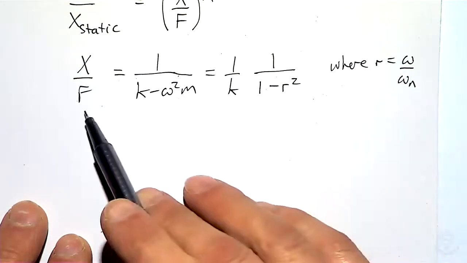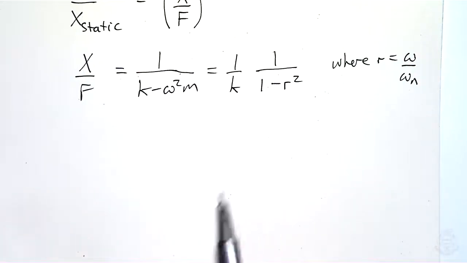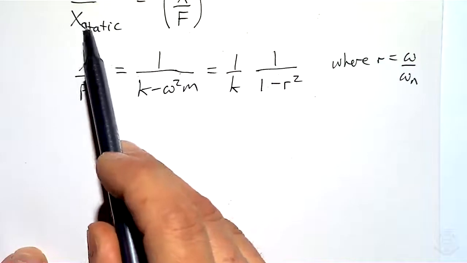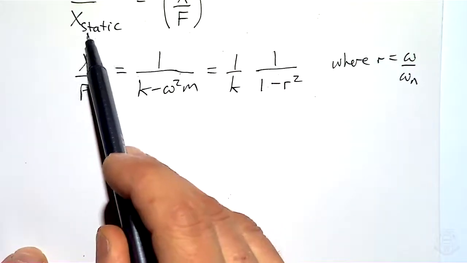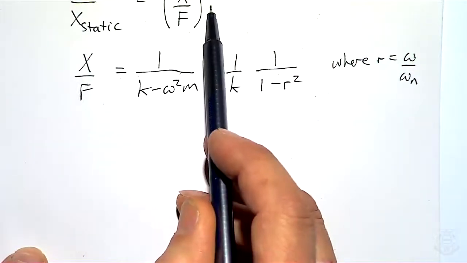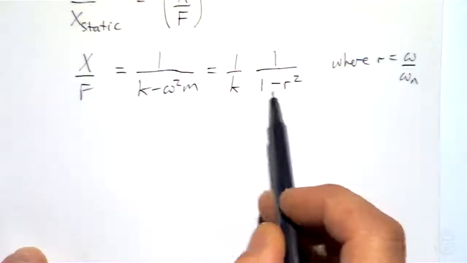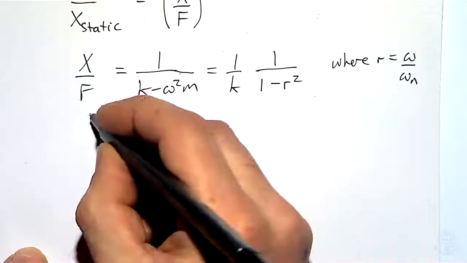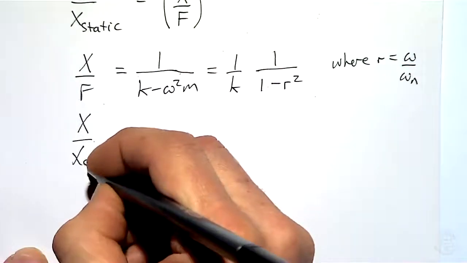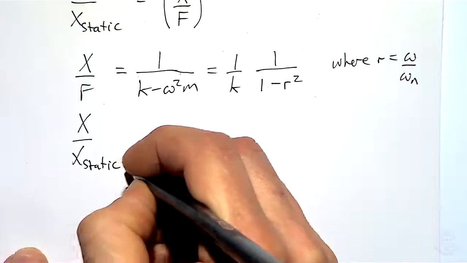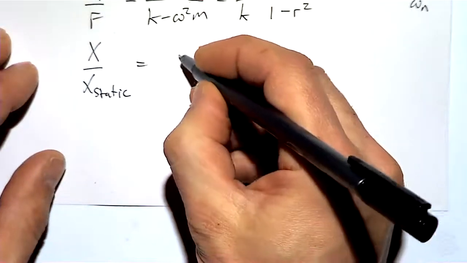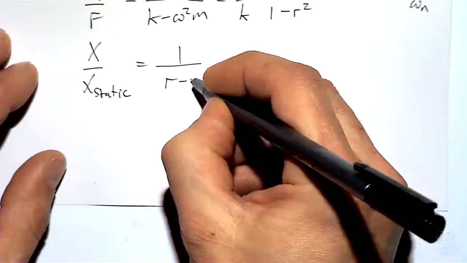So I've got my x over F like this. Then if I combine that with the line above, where x over x static is x over F times k, I get rid of the k and the 1 over k, so I end up with x over x static equal to 1 over 1 minus r squared.